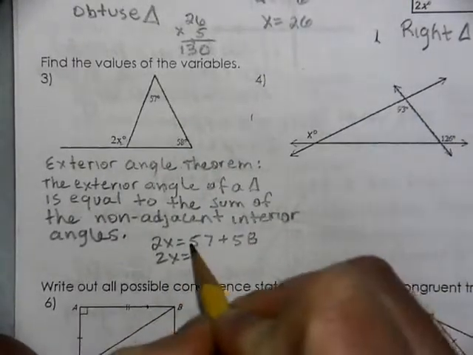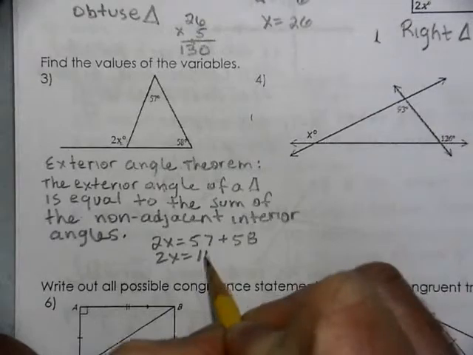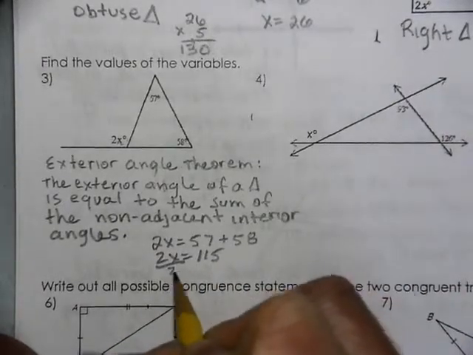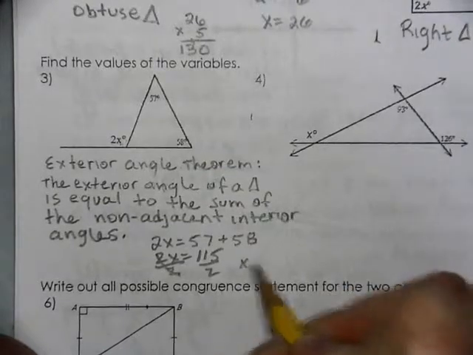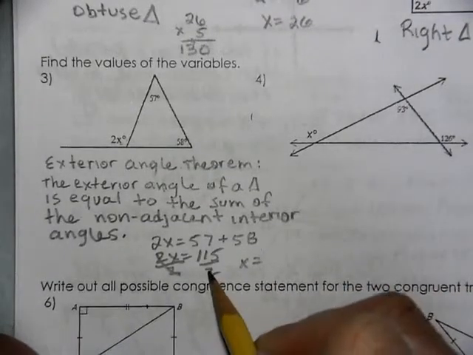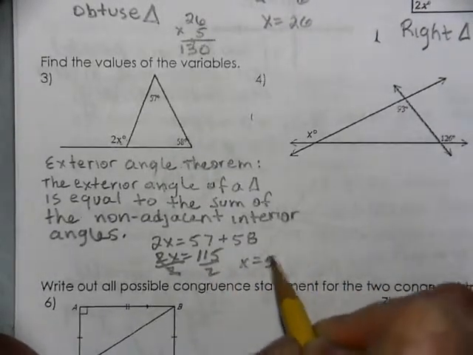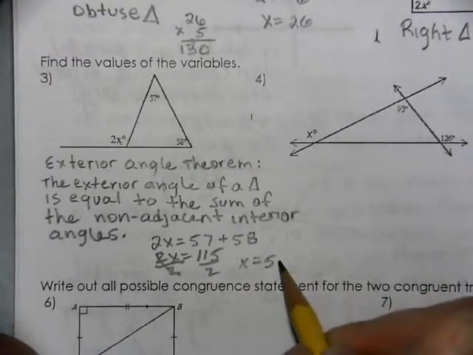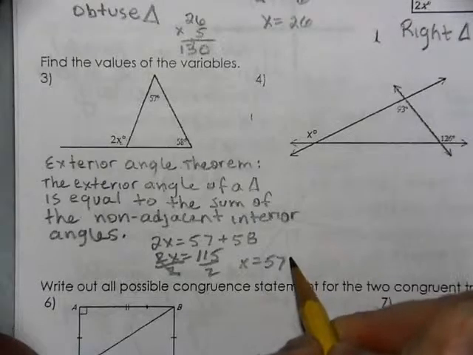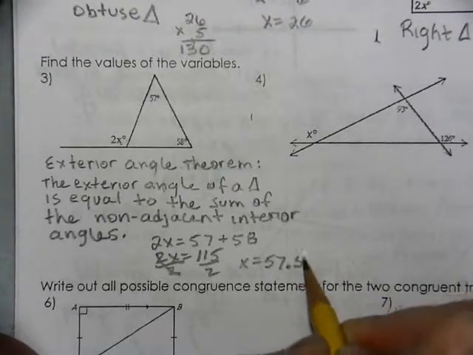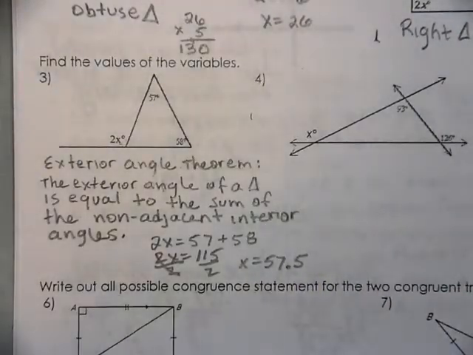So 2x is going to equal 115. And when we divide that by 2, we'll get x equals 2 goes into 11 5 times with 1 left over, goes into 17 7 times with 1 left over, so we get 0.5 because it's 1/2 left over.